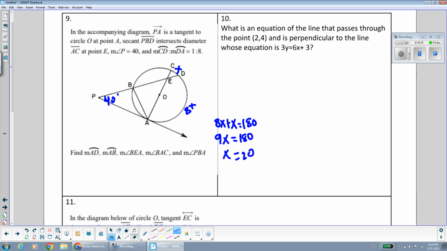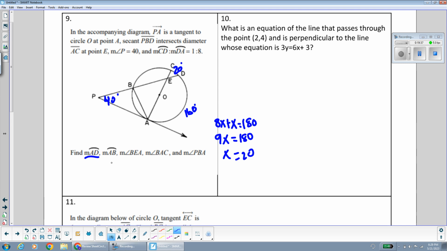So now I can actually replace this with what the angles actually are. So this was x, so that was 20 degrees. And DA is 8 times 20, so that would be 160 degrees. So that makes it a little bit simpler. So now we answered the first part, we found arc AD.